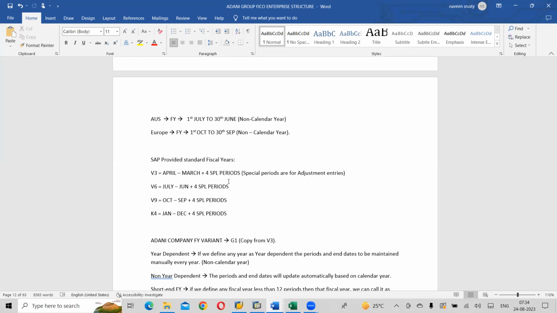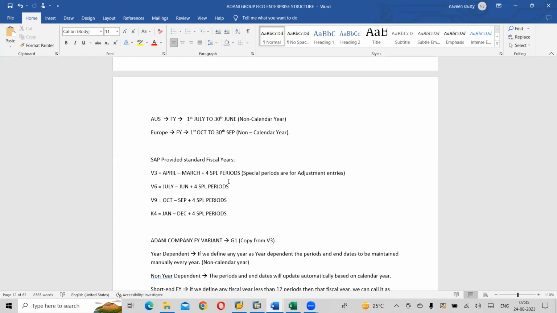For example, if the financial year is from April to March, then we get 3 or 4 months extended for adjustment entries. The 13th period is nothing but the April month of next year. The 14th period is May of next year. The 15th period is June of next year. The 16th period is July of next year. Okay, thank you.